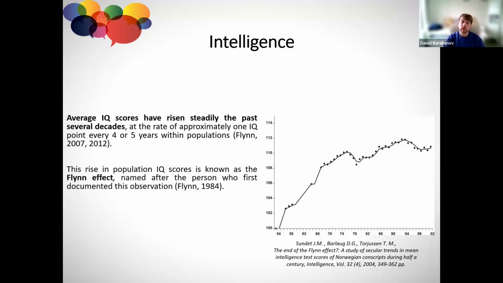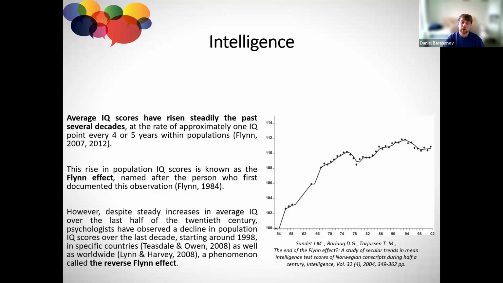This was called the Flynn effect in honor of the person who first discovered, observed, and described it, Flynn. What is interesting is that no one actually knows why it happened. Why did average IQ grow approximately 1 point every 4 or 5 years in the past?